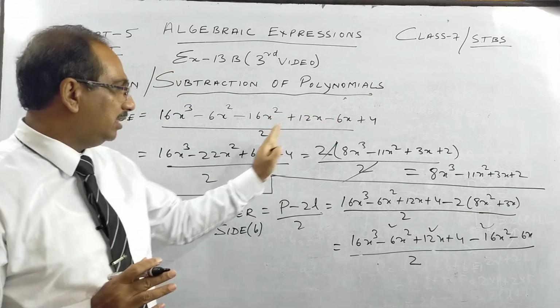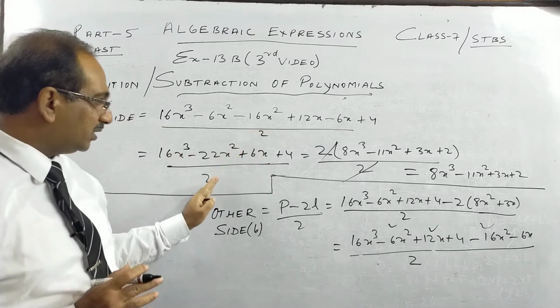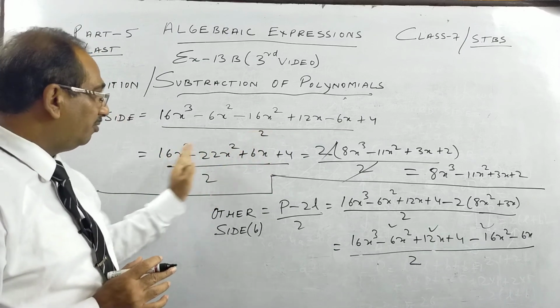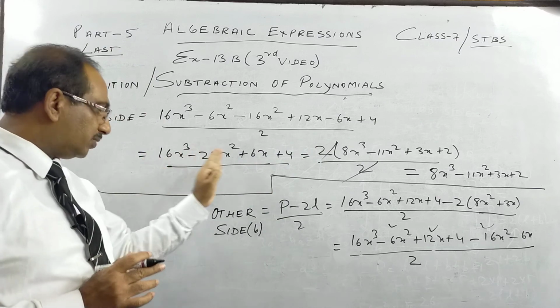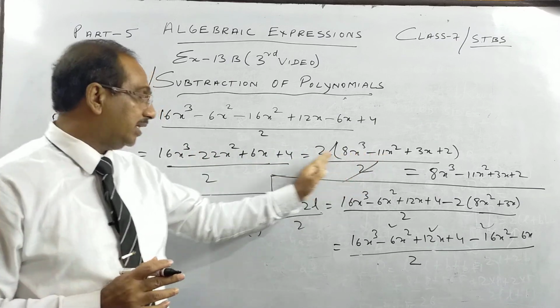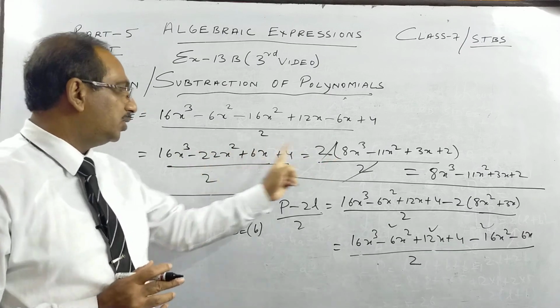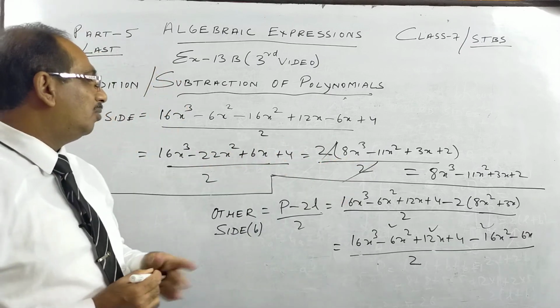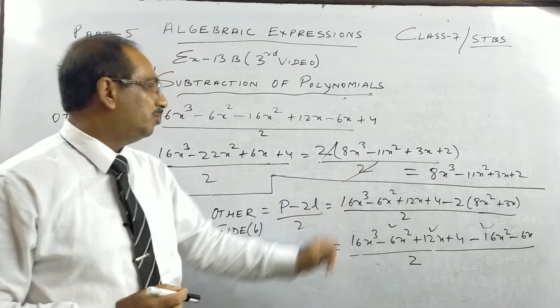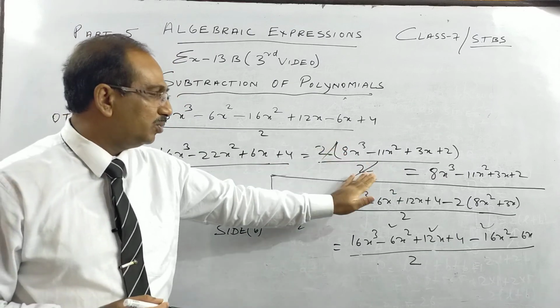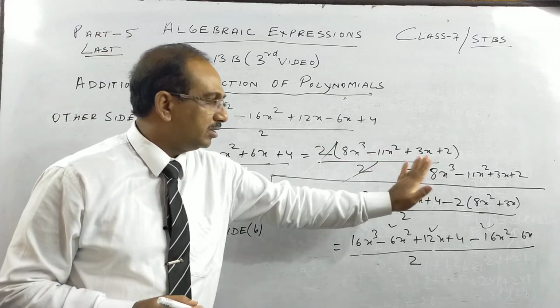Since we have to cancel by 2, we take 2 out, so that it will cancel, otherwise we would have got fractions. So we take 2 out, 16 becomes 8, minus 22 becomes minus 11, plus 6x becomes plus 3x, and 4 is half, and the 2 cancels. So finally this is your answer.